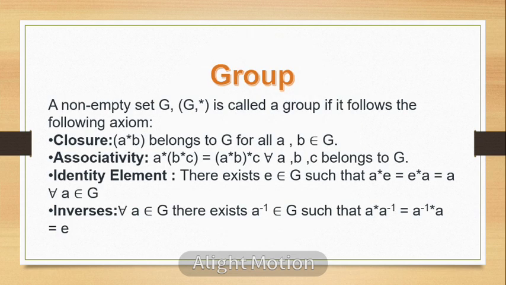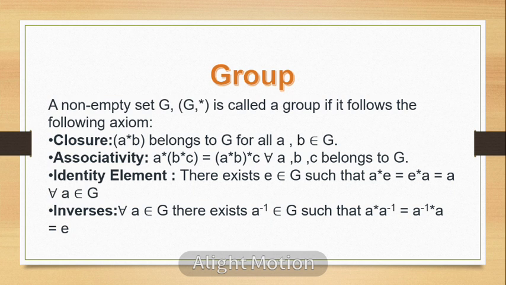Now next let us understand what a group is. So a group is a non-empty set G, represented by G star, called a group if it follows the following axioms: closure, associativity, identity element and inverses.